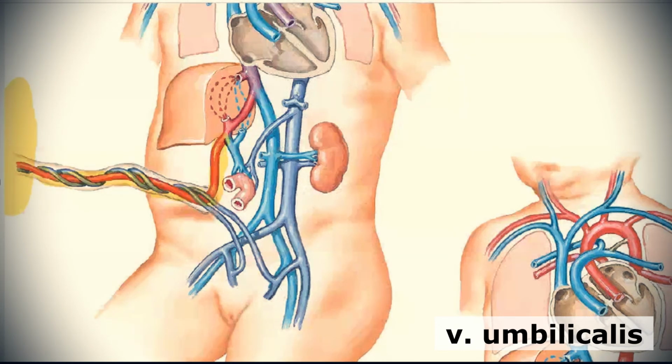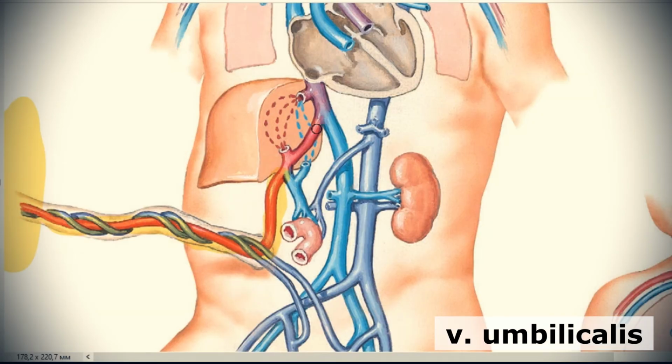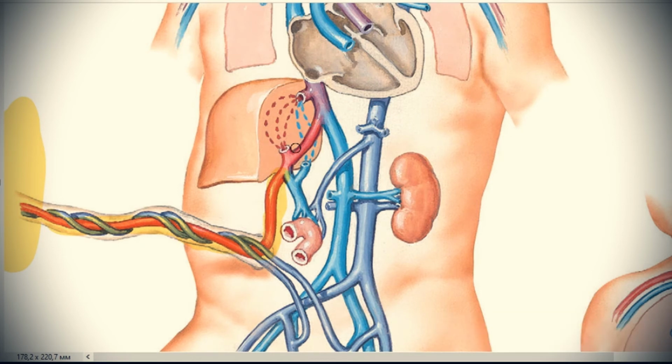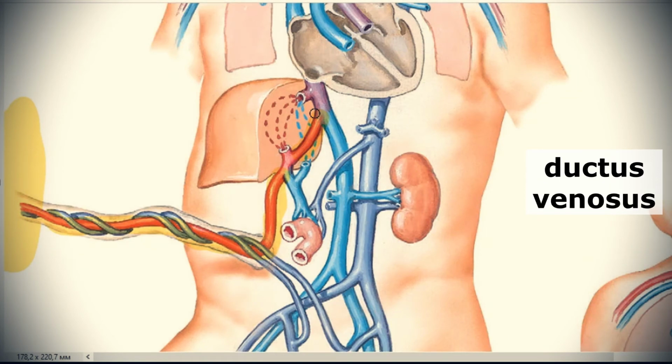And here what happens, near the hepar, as you can see, it divides into 2 branches. One falls directly into vena porta, the second one falls into vena cava inferior, and this vein is called ductus venosus, or by its eponymous name, duct of Arantius.